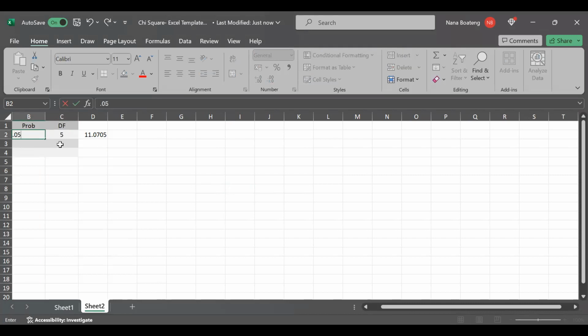And then we change it to 10%, with the same degree of freedom.